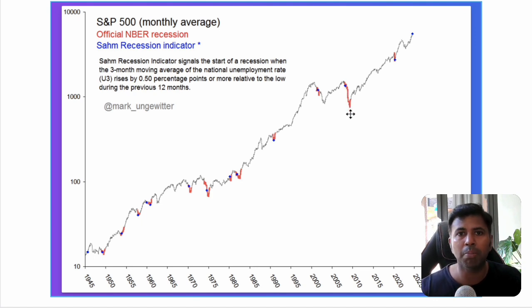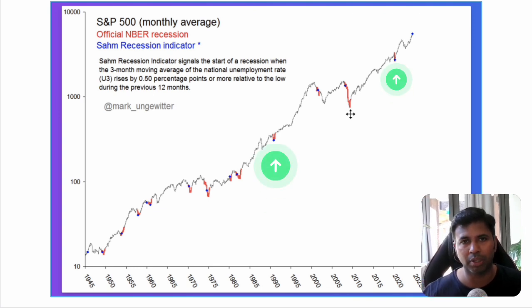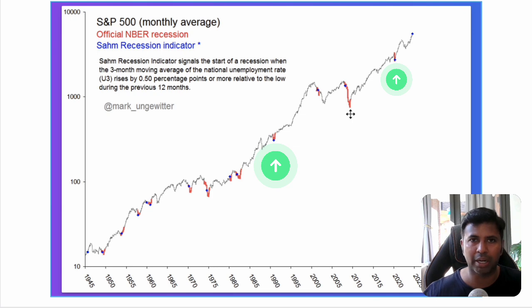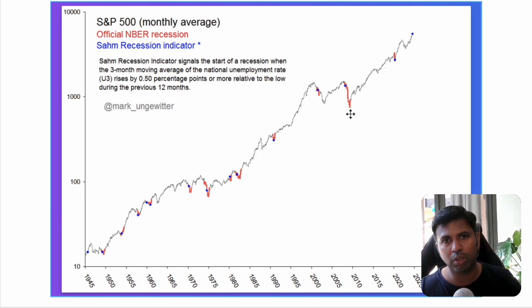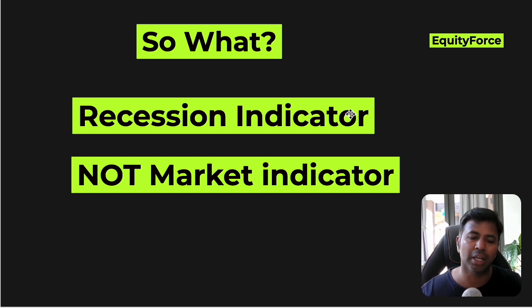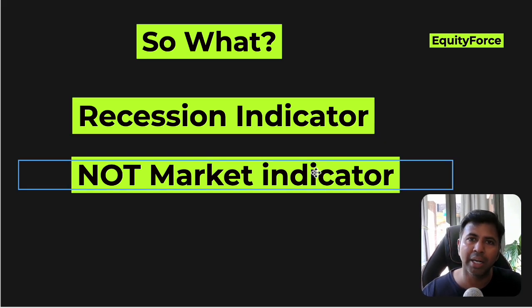So how have the markets reacted after this indicator has been triggered? In some cases, it has been triggered at the beginning of the market rising or at the low of the market. So what does this indicate? This is actually an indicator for recession. It is not a market indicator.